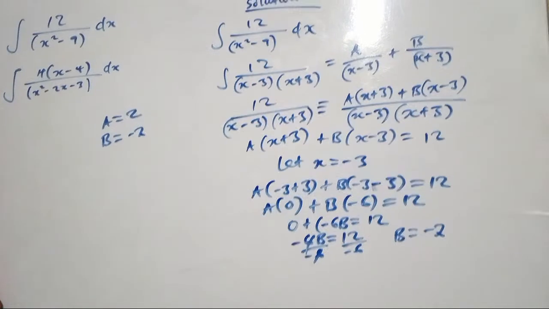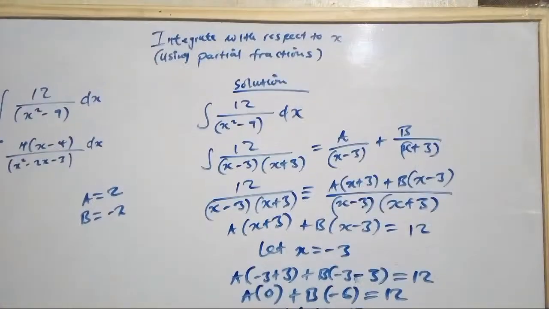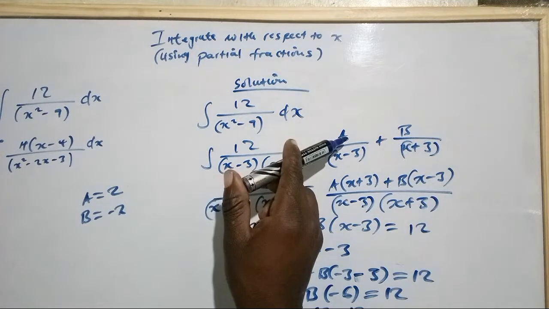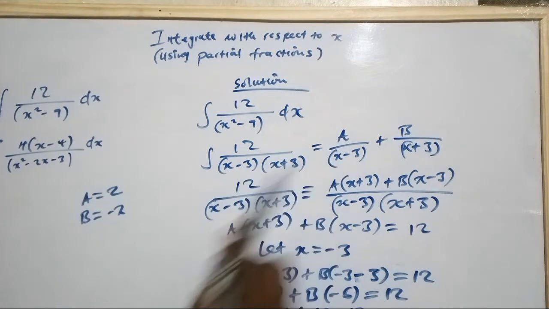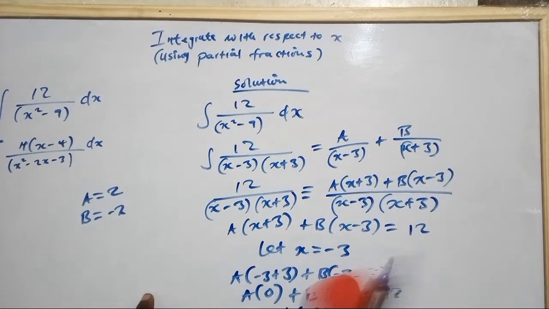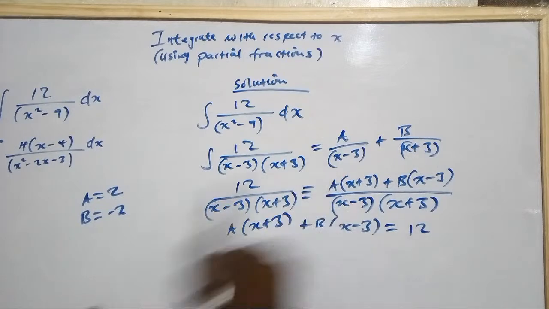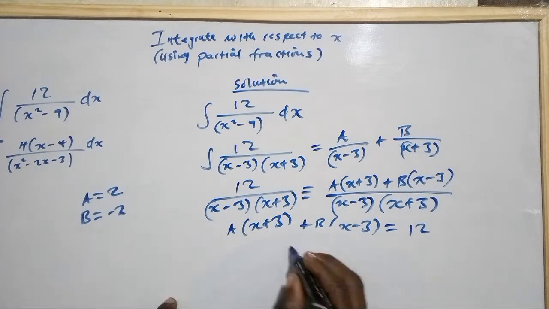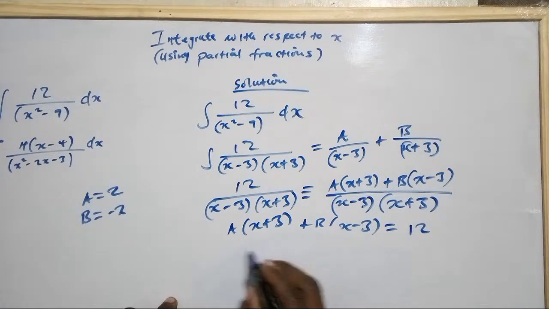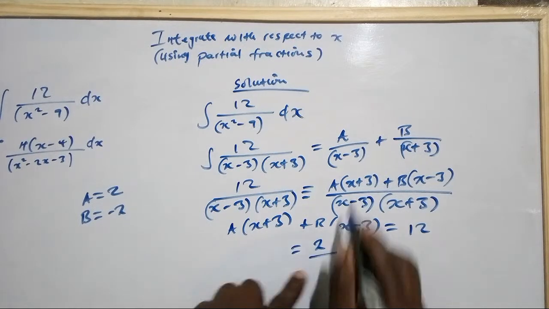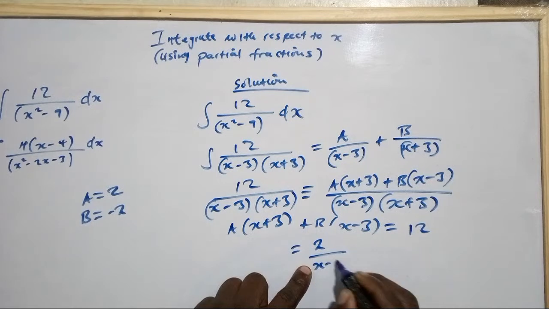So we're going to take these values where in this first term here, because here we said A over x minus 3, we're going to do the same thing. Where there's A, we have 2. So we're going to say we have 2 over x minus 3, right?